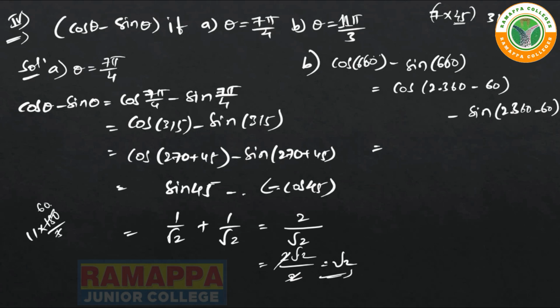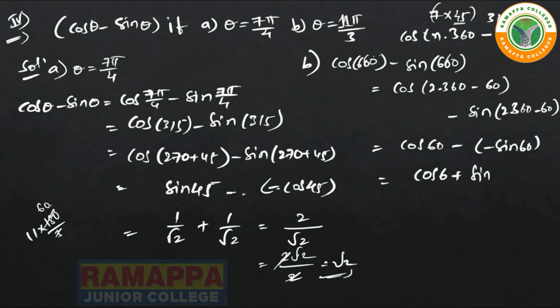Cos of n into 360 minus theta will become cos theta, and sin of n into 360 minus theta is minus sin theta. So it will become cos 60 plus sin 60.